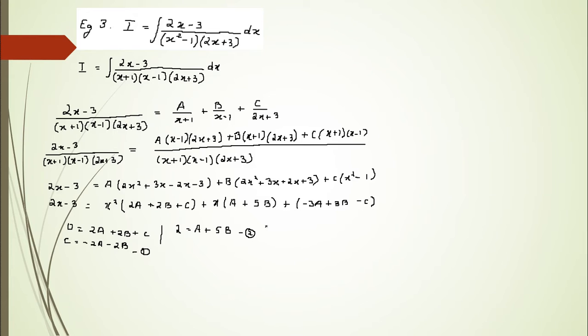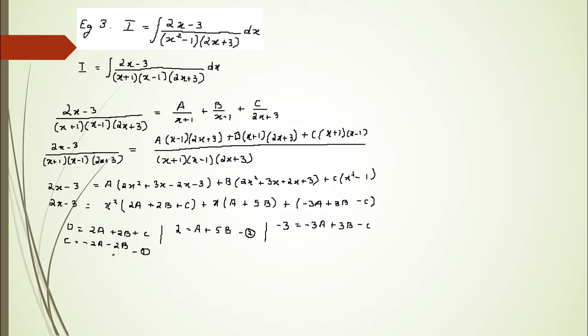And comparing the constants on both sides, I'll get minus 3 is equal to minus 3a plus 3b minus c.